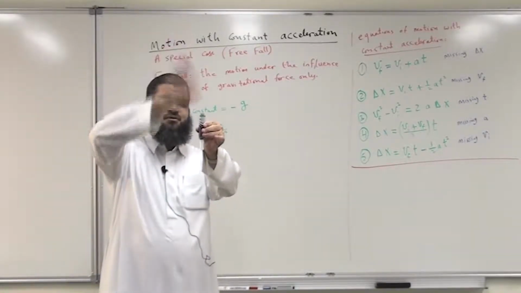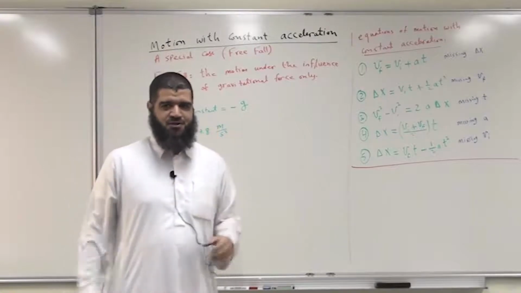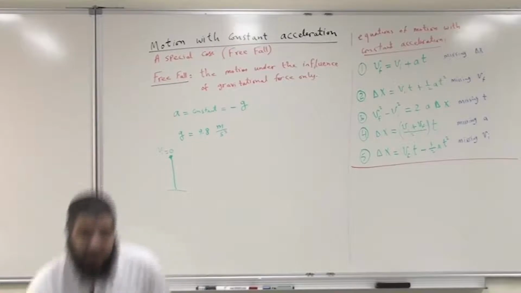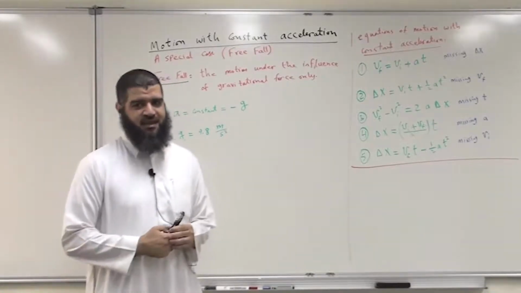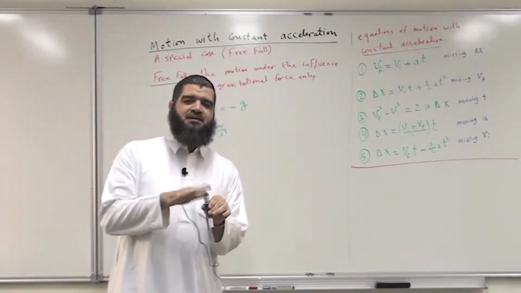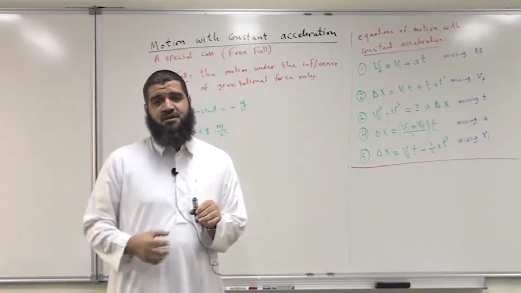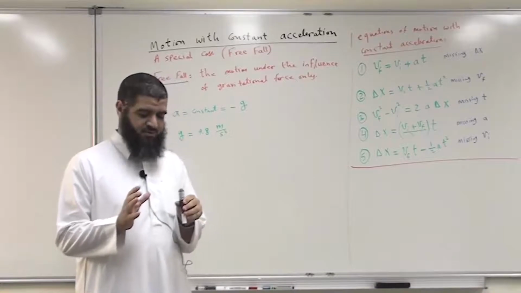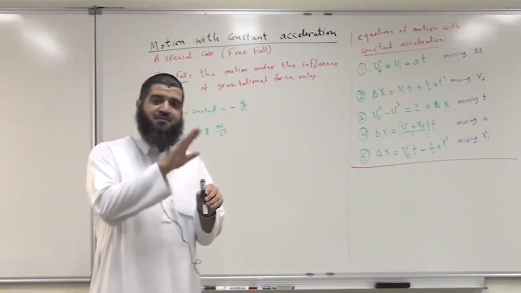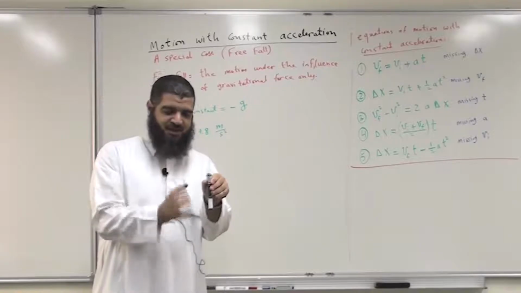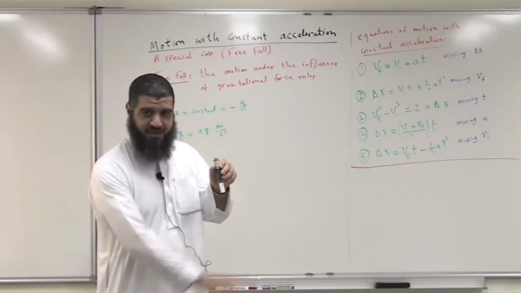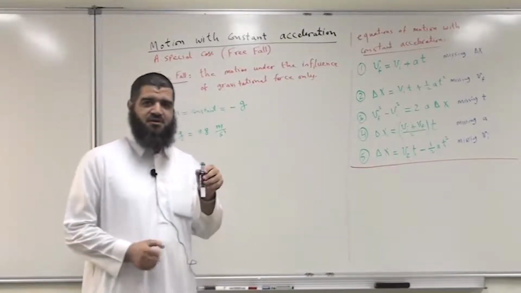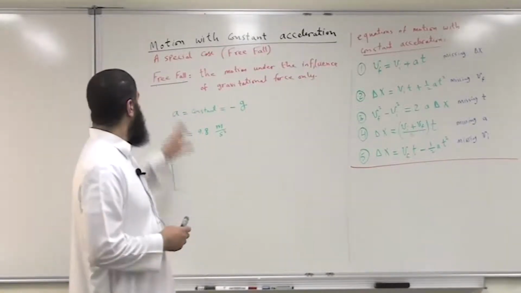Can we consider this motion as a free fall? Think about it. Some of you might say that there is a push from my hand, which means that there is another force other than the gravitational force. But I want to draw your attention that after the object leaves my hand, if you look at it when it is here, the only force acting on it is the gravitational force. So it is indeed also a free fall.